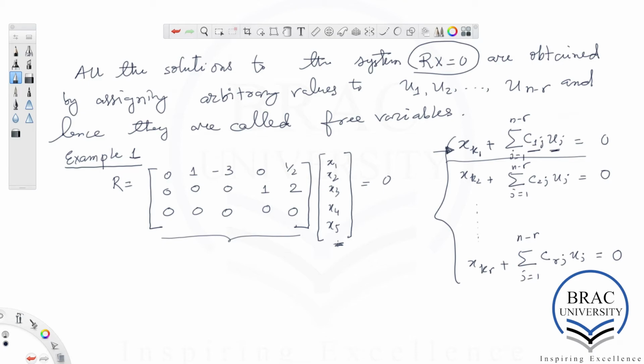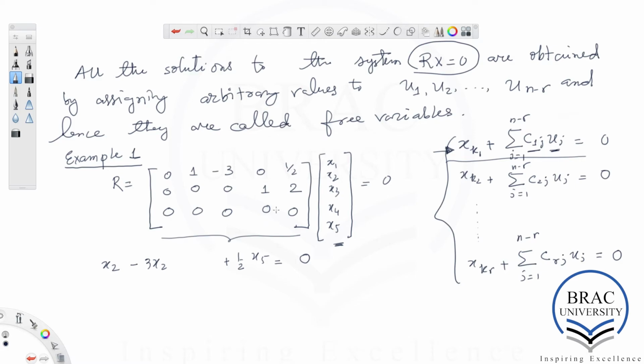So by usual matrix multiplication that we learned in the very first lecture of this course, we see that we have x2 minus 3x3 plus 1/2 x5. I give a space here to confirm that x4 is present here, but with the coefficient 0. Okay, that's why I leave this space blank, and that is equal to 0.